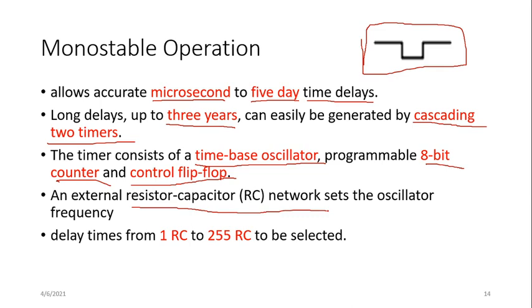Therefore, it is called a programmable timer counter. Then how much delay can we get there? We can get the delay times from 1 RC to 255 RC. 1 RC time constant to 255 RC time constant. Now, how we can get the 1 RC and 255 RC time constant? We are going to study it in detail when we study the monostable operation mode of IC 2240.